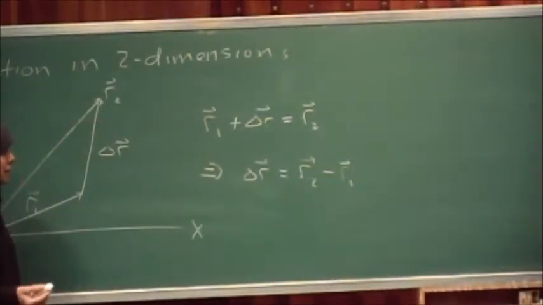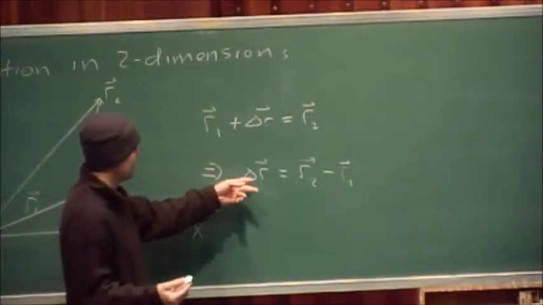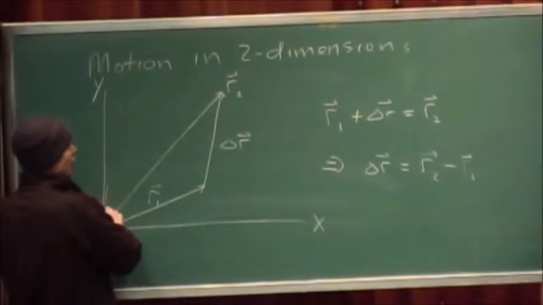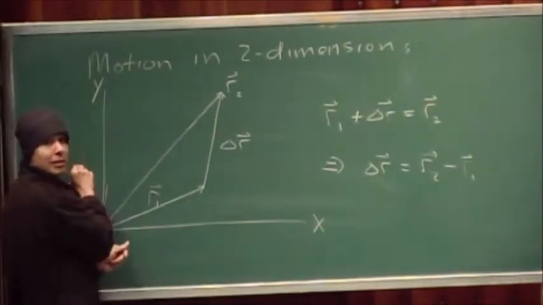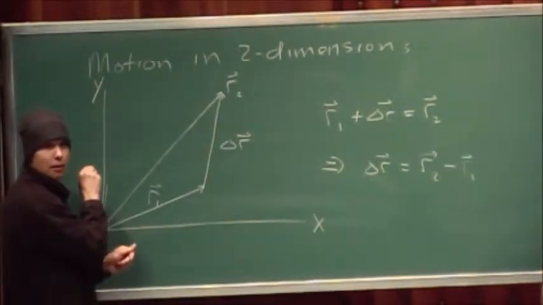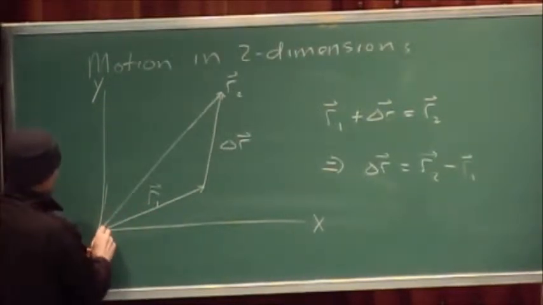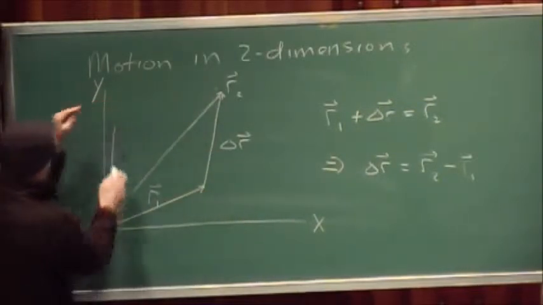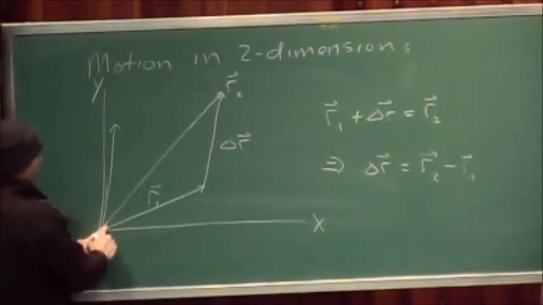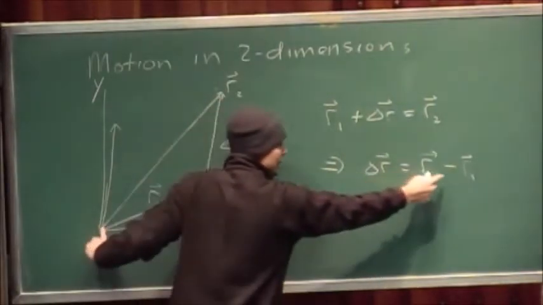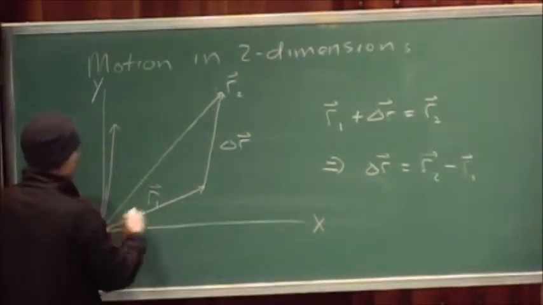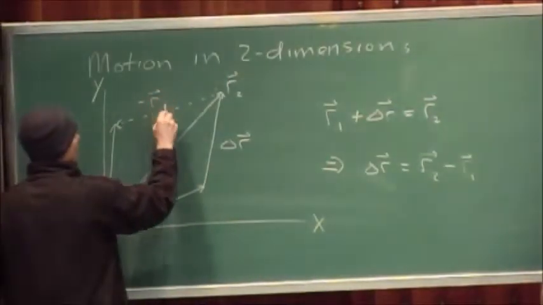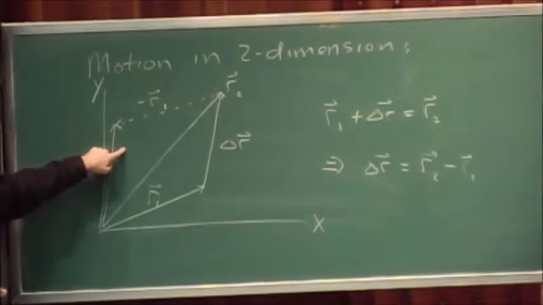So we're familiar with how to do that as well, and we could look at that. We could say, if I were to just draw delta R from out here, and then go R2, and then minus R1, that would give me delta R. If I take this vector, bring it back down to the origin, and then go out to R2, which is what this says, and then subtract R1, which is this one, that gets me back to where I was.